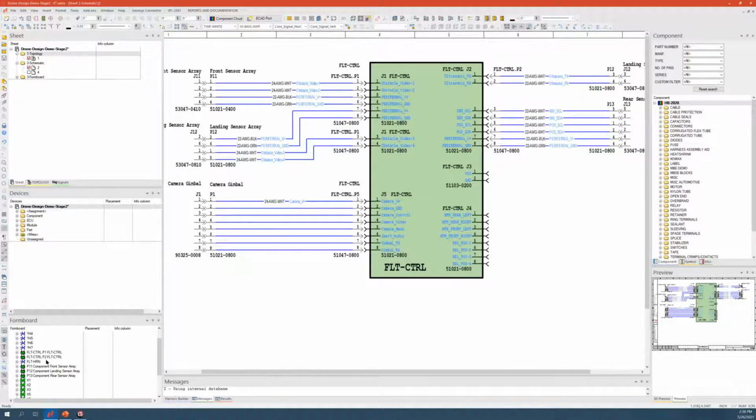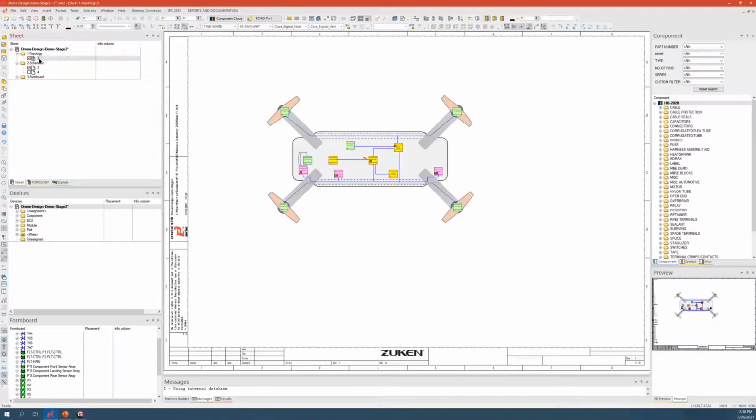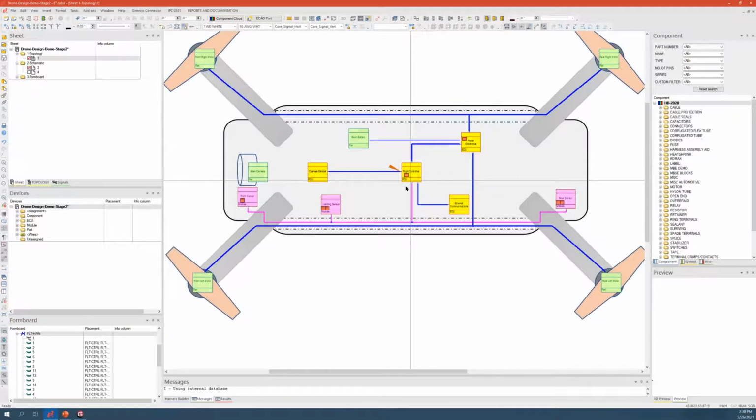So let's take a look at the harness that we are establishing here, and that will be made up of our flight control board connectors and the connector for the sensor array. To be precise, we'll be looking at the flight harness, and that will be our connection right over there.